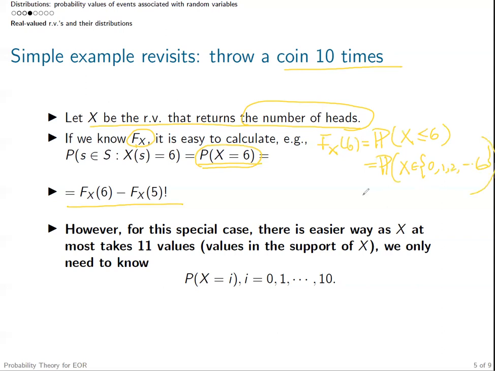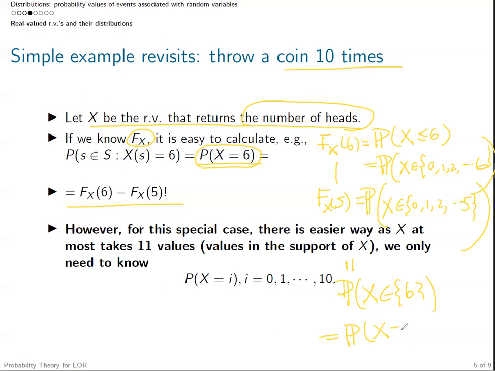Similarly, F_X(5) is equal to the probability of the event where X is either equal to 0 or 1 or 2 until 5. So the difference of those two values, based on axioms of probability, should be equal to the probability value of the event where X takes value 6, which is the probability of X equal to 6.